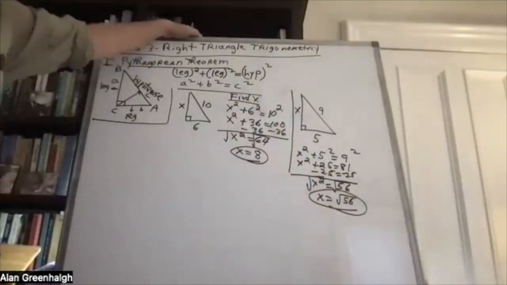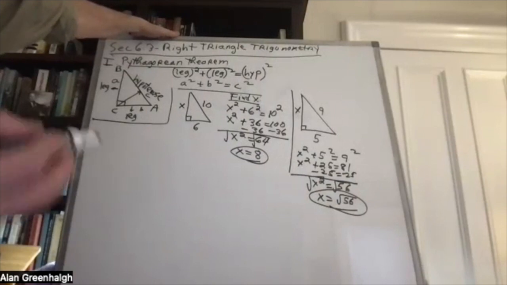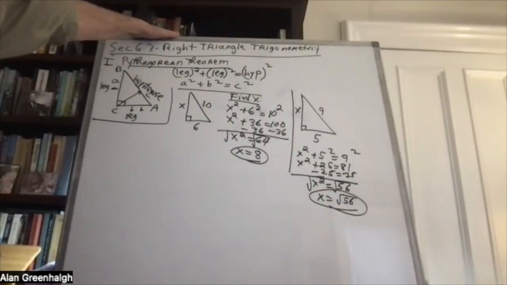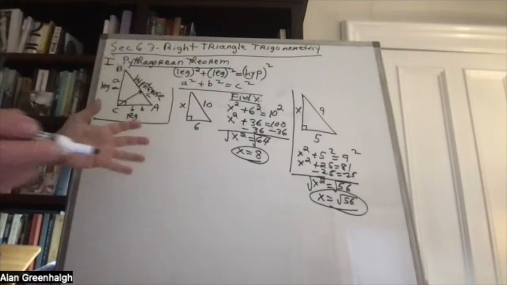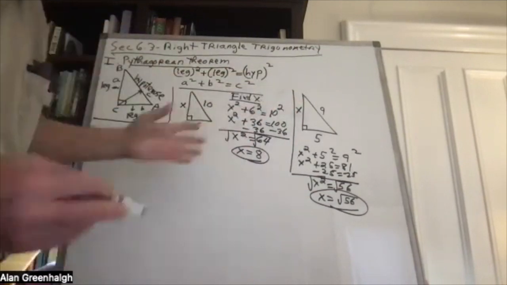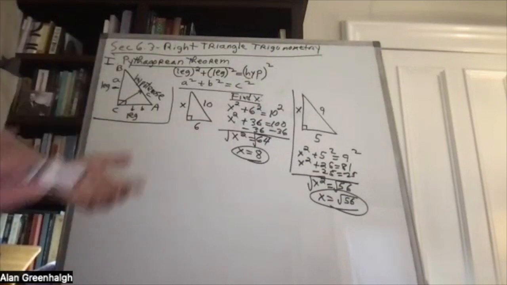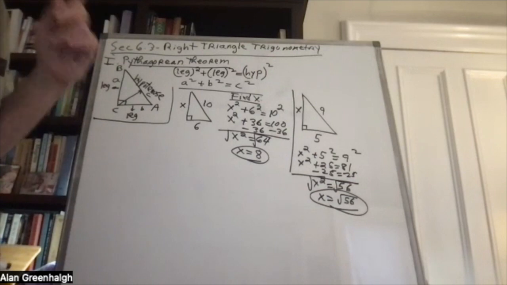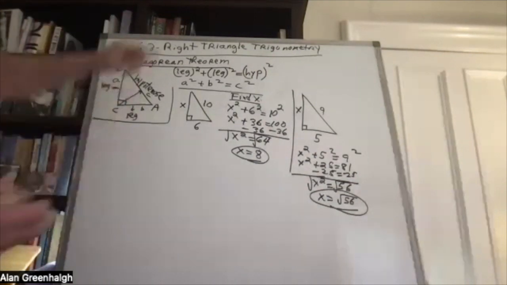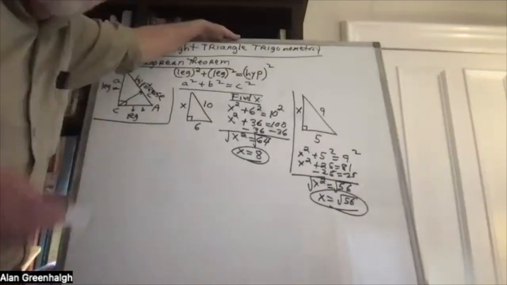Now, some of you might be saying, why don't you take your calculator and find the square root of 56? Well, you could. If you were building a house and you needed to know how long a ladder was leaning against a building, then you'd need an approximate value of the square root of 56. But notice that I used a very important word: approximate value.